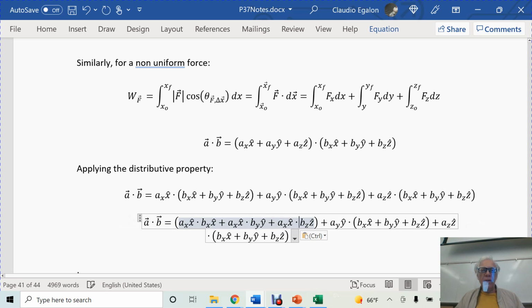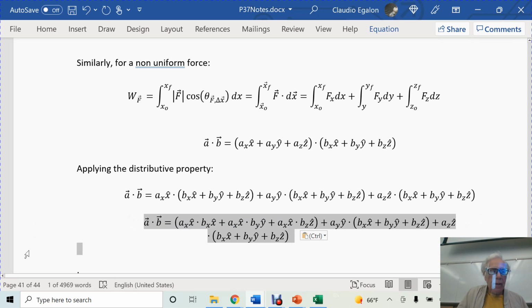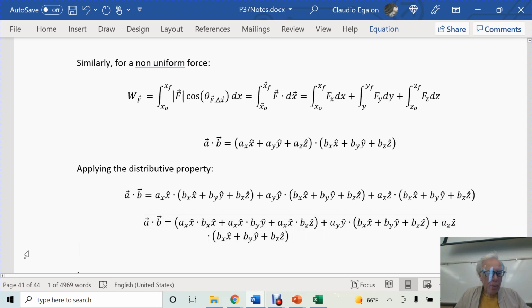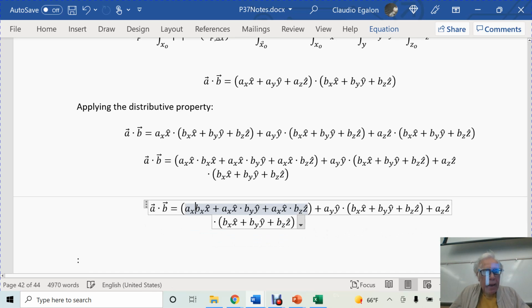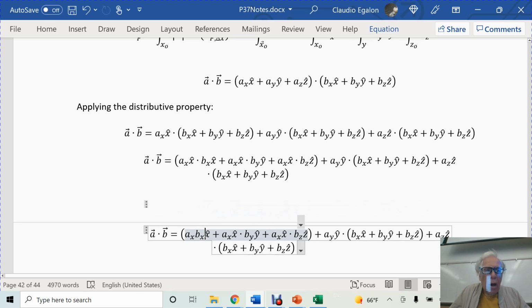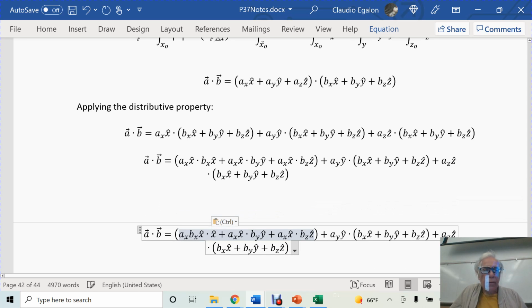What happens? This x hat dot x hat is going to be 1, right? We're going to do just the first term, and the other terms just follow suit. Here, x hat dot x hat is 1.